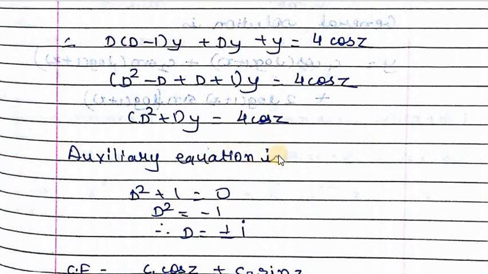So its solution will be given by y equals CF plus PI, where CF is the complementary function and it is given by equating f of D to 0. Function of D is D square plus 1. So equating this to 0, we have D square equals minus 1, and minus 1 is nothing but i square. So we have D square equals i square, so D will be plus minus 1i.